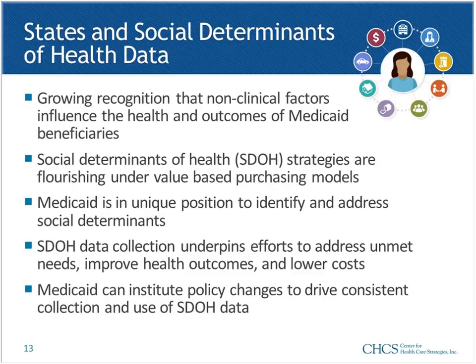And given the characteristics of the Medicaid population, they are significantly more likely to experience social challenges like housing and food insecurity, transportation difficulties, and low rates of literacy, for example. State Medicaid programs are in a unique position to identify and address these social determinants in order to improve health outcomes and hopefully lower health care costs.